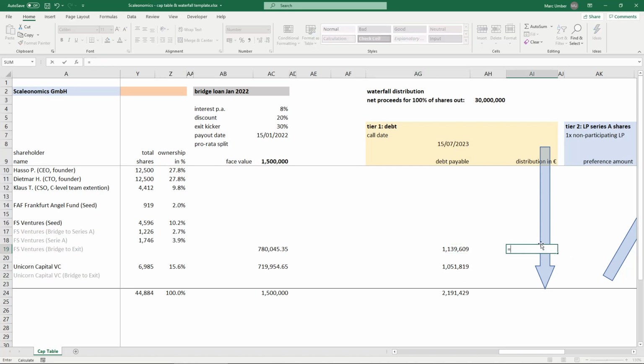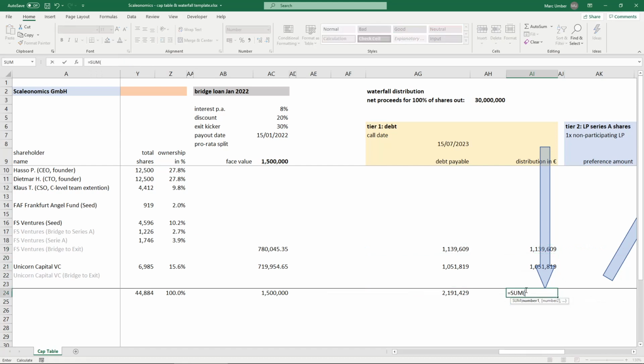So we have to use a minimum function, because the money that Frankfurt School will get on this tier of the waterfall distribution will either be 1.139 million, or it will be what's to be distributed times the pro rata fraction on this tier.